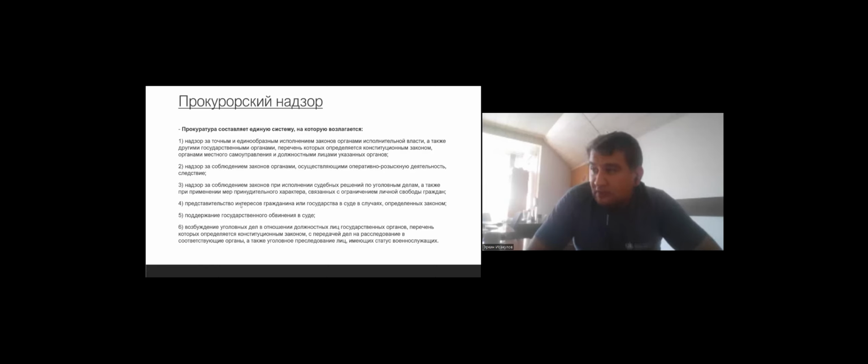Besides, we also have some issues relating to the supervision over the implementation of laws while working on judicial decisions. So the major function, the representative function in courts, is when prosecutorial agencies represent certain interests. And besides, the prosecutorial offices have the function of sustaining the state accusation in court. So they support state accusation.